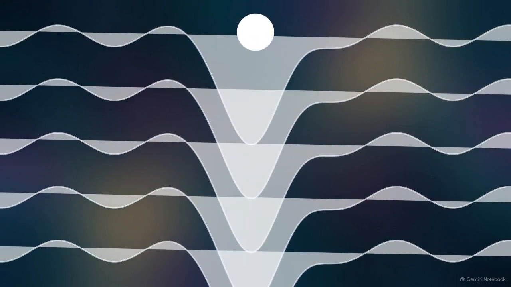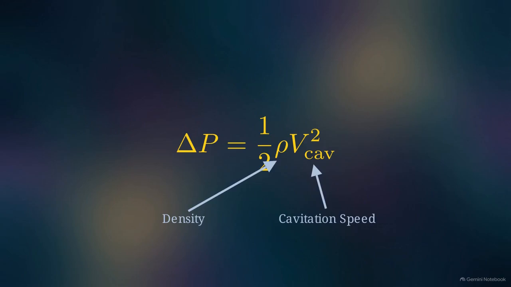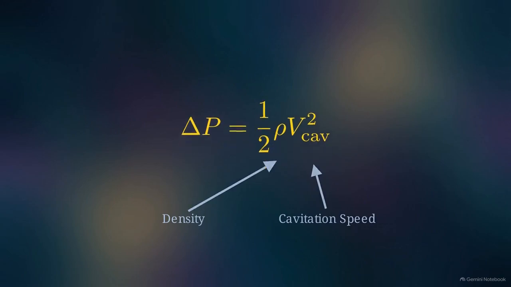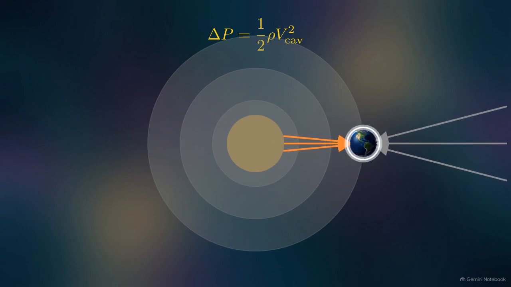This chart highlights the single equation that accurately predicts where these clusters form, the dynamic pressure drop. Position is a direct function of local density and scalar cavitation speed, the specific variables neutralizing ambient pressure. Planets settle as static equilibrium bubbles, locking into discrete acoustic shell boundaries where internal kinetic energy perfectly matches the system's external pressure.